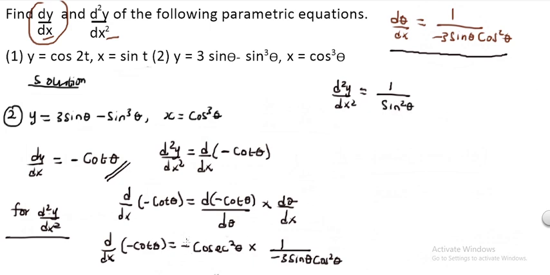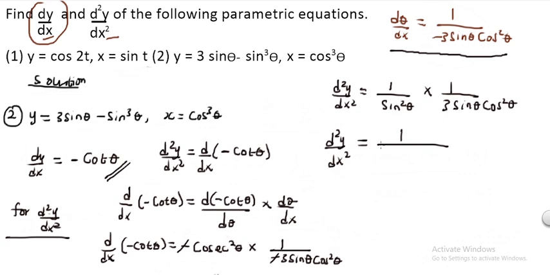And by the way, the minus here cancelled out the minus here. So that this is times 1 over 3 sin θ cos² θ. So if you simplify this, d²y/dx² is equal to 1 over sin² θ times 3 sin θ cos² θ, which is simply 3 sin³ θ cos² θ. Now I can start to simplify it more than this. I'll leave it at this.